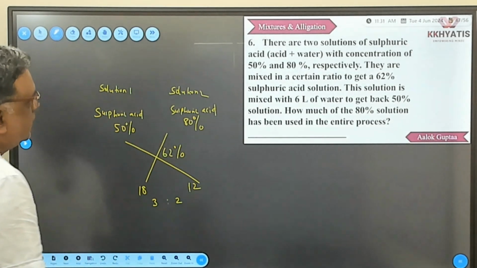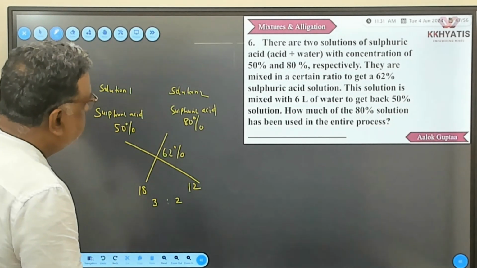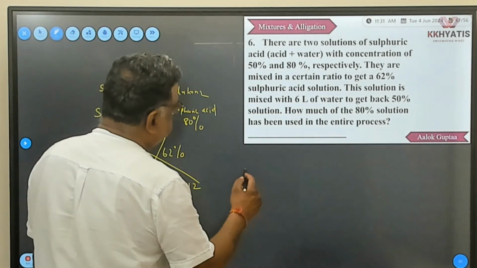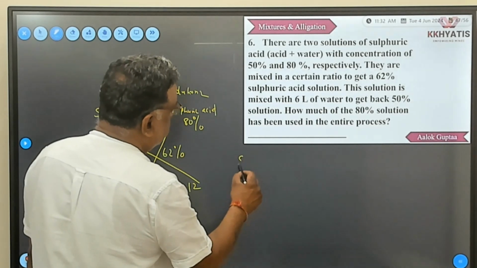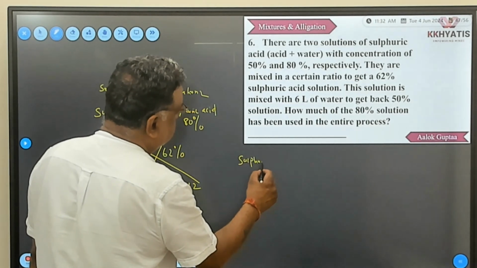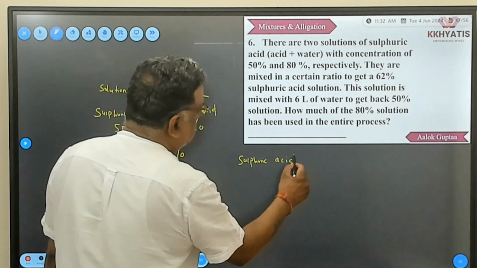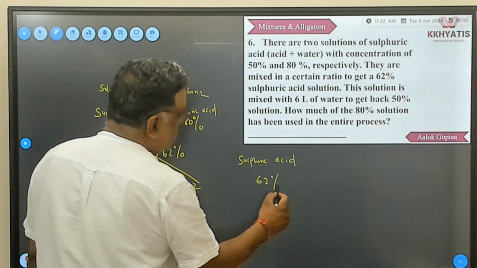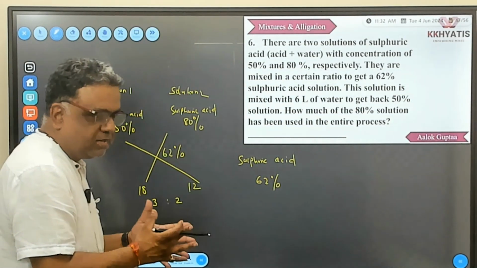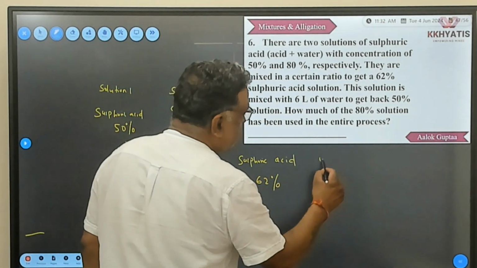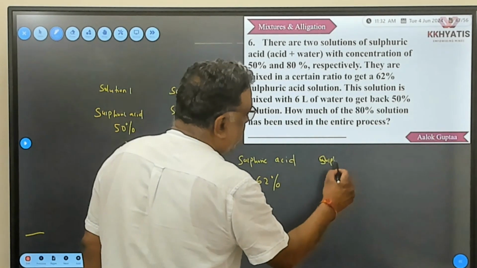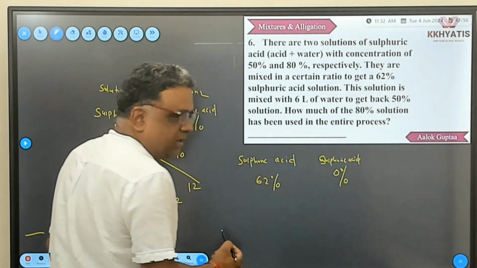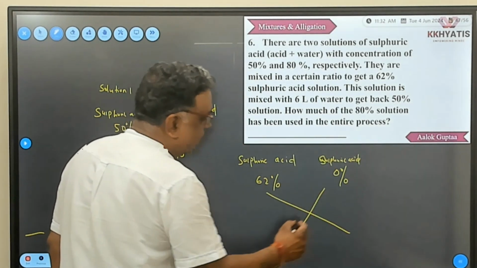Now this solution is mixed with 6 liters of water. So now I have a sulfuric acid mixture which has got 62%, and then I am adding water to it, which means I can take sulfuric acid in pure water as 0%, and then when I mixed it I got 50%.